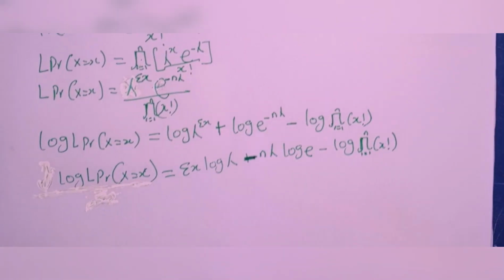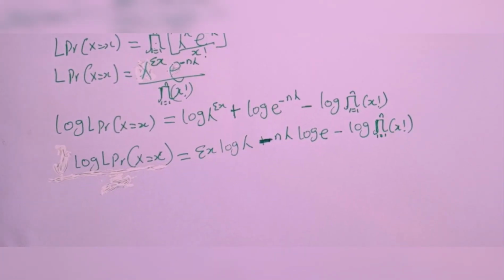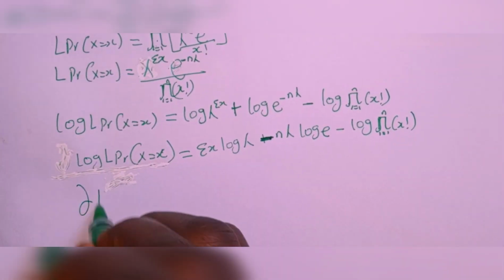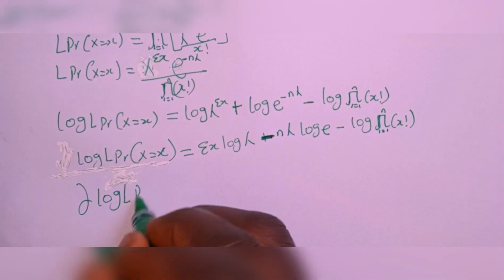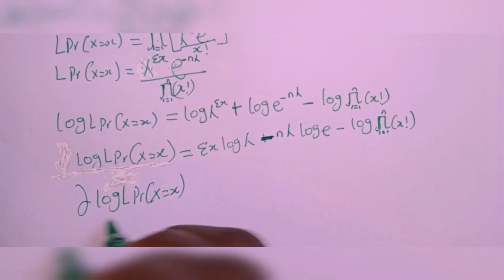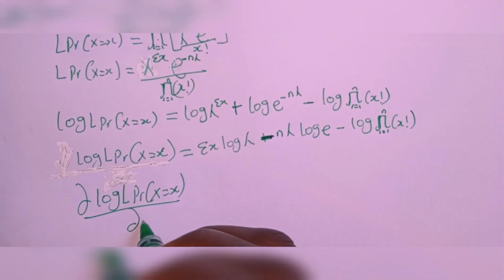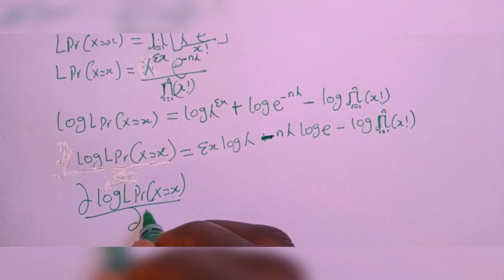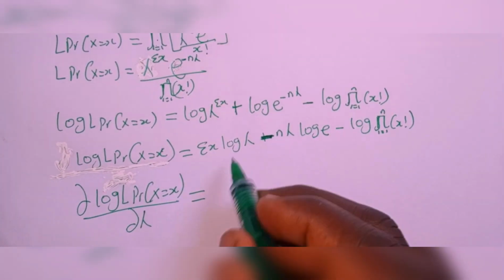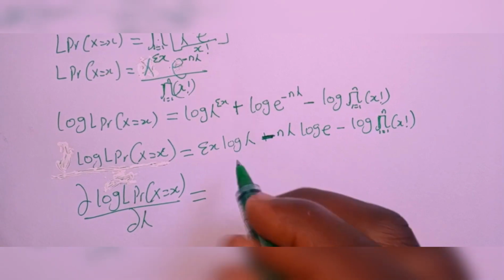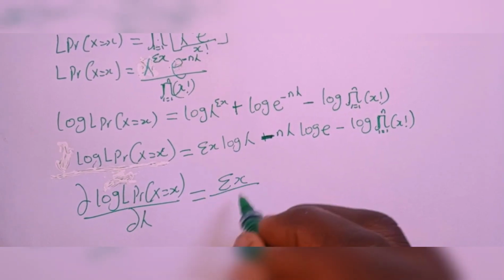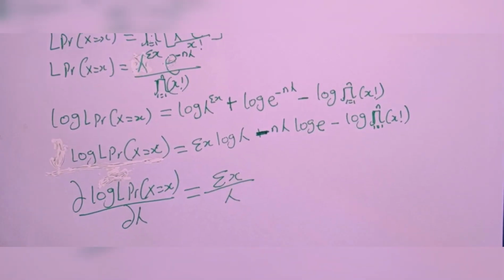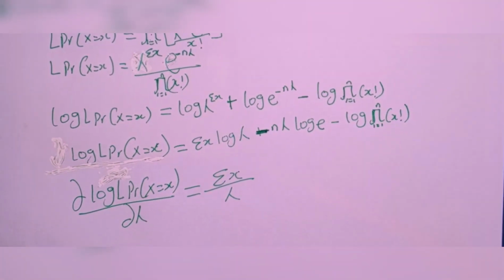So what we are going to do next is to differentiate both sides with respect to the parameter lambda. So we differentiate the log of the likelihood of probability of X equals x with respect to lambda, which is equal to, when you differentiate this with respect to lambda, the summation of x over lambda. This logarithm is going to go and this lambda is going to come down.